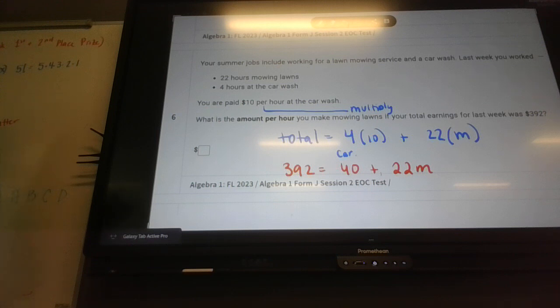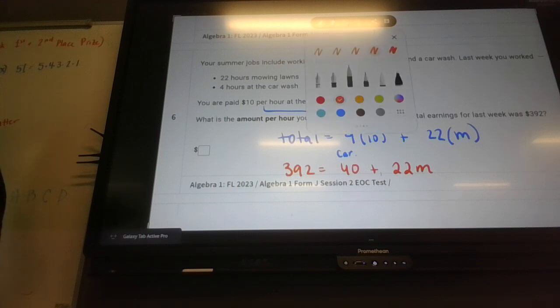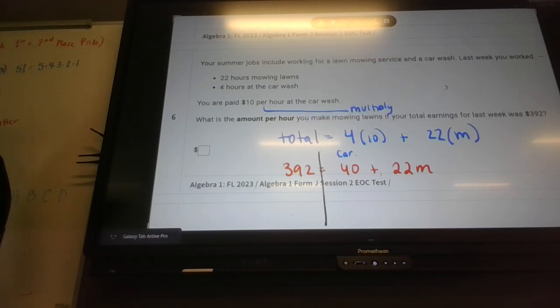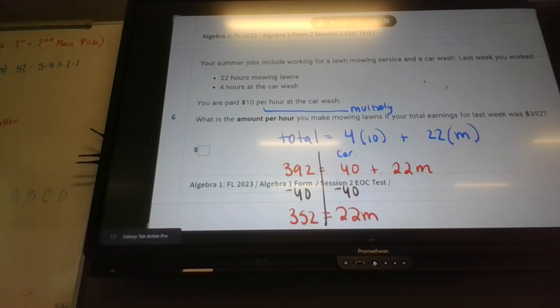This is how algebra teachers do it, but people get by all the time in real life without doing it this way. So what's 352 divided by 22? Is the answer 16? Yes.